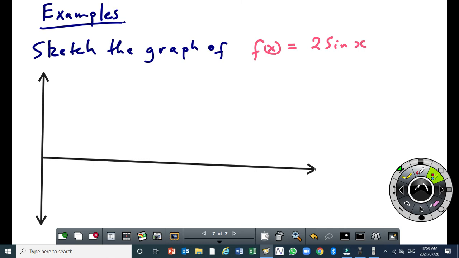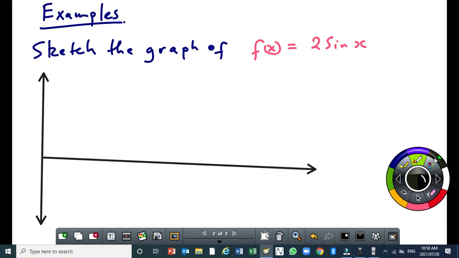Okay, you are supposed to be using a ruler. Unfortunately, in my case, I don't have a ruler. So I'm going to do it manually. So that's 180 degrees. This will be 90 degrees. That's 270.